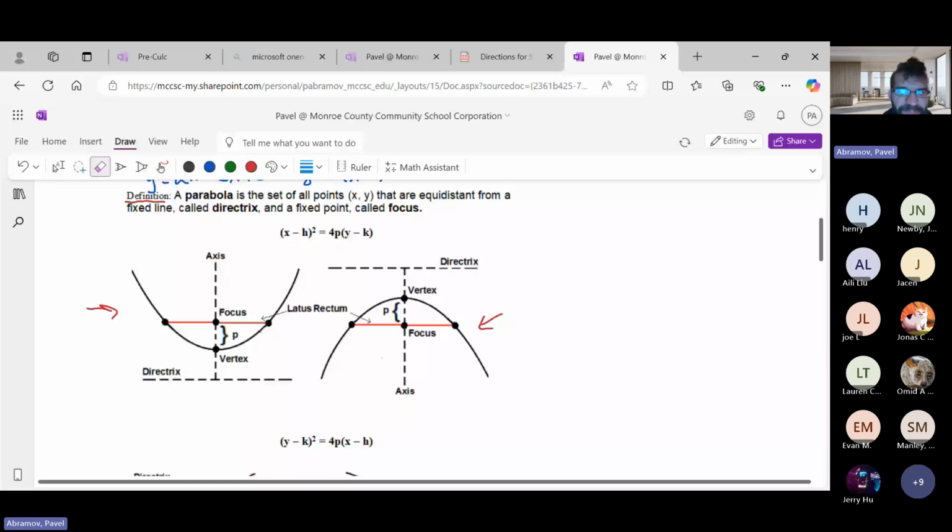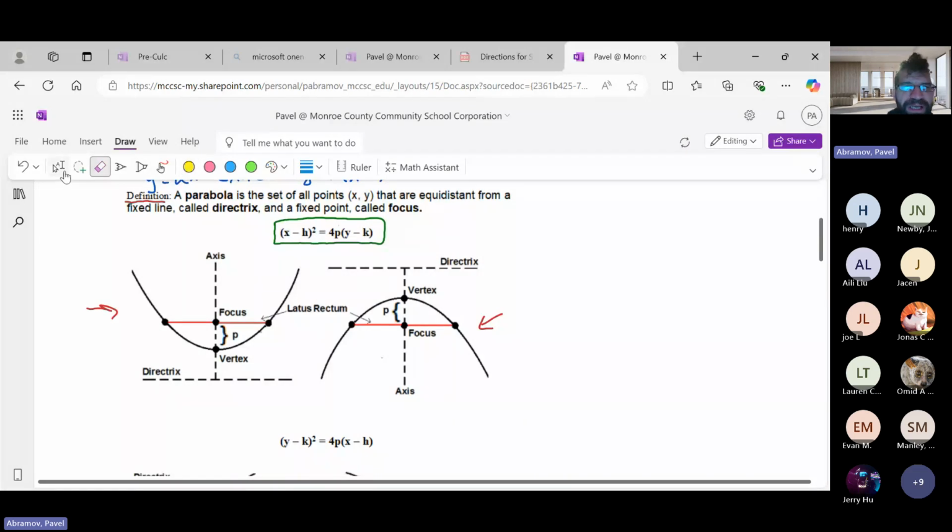If the parabola opens vertically, then the equation will be like this: (x minus h) squared equals 4p times (y minus k). We're going to talk about what h, p and k mean a little bit later.